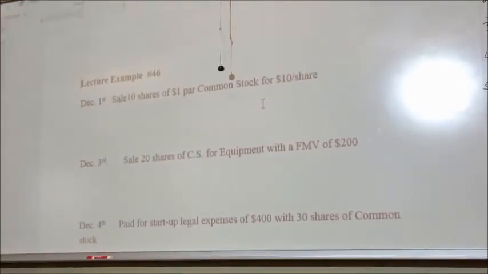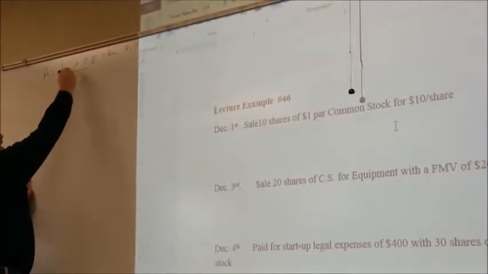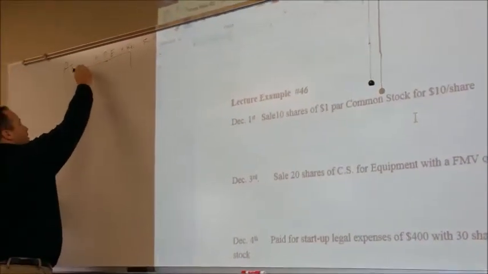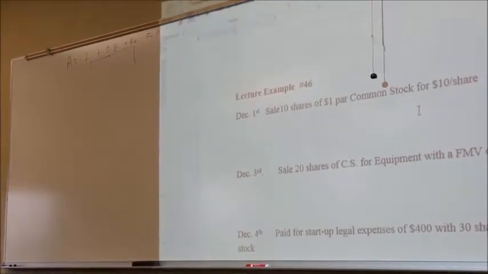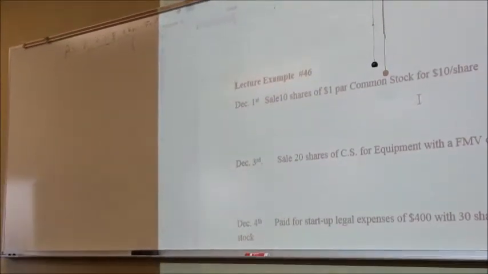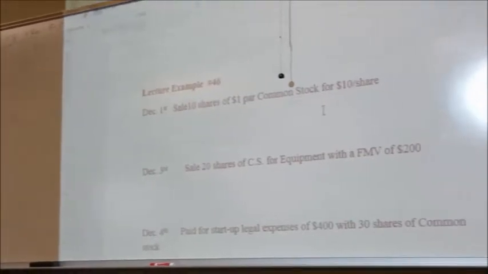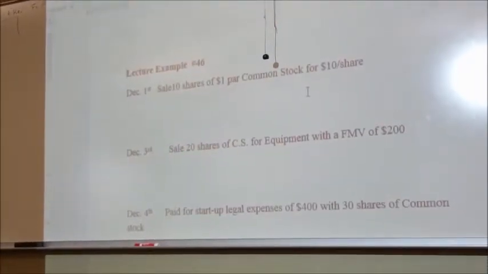I'm just going to keep track of the owner's equity for our purposes today. I'm not going to do all the other T accounts, because the owner's equity will be enough. You'll see why I keep track of it in a little bit when we do the financial part.